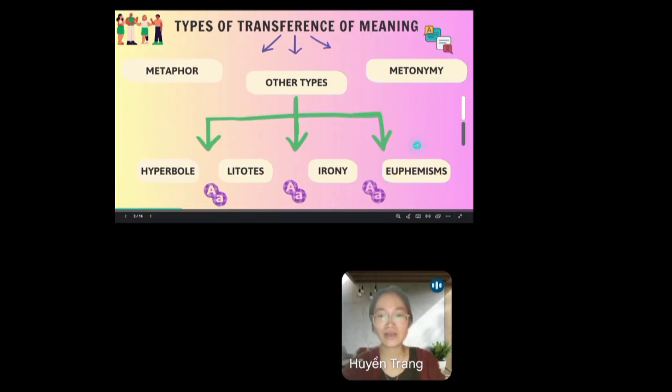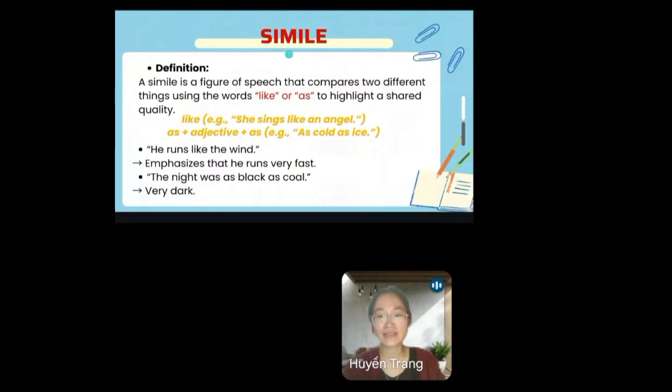First one, let's get started with simile to better understand transference of meaning. A simile is a figure of speech that compares two different things using the words like or as to highlight a shared quality. This is the structure of simile.